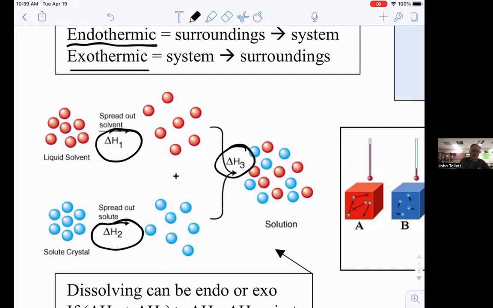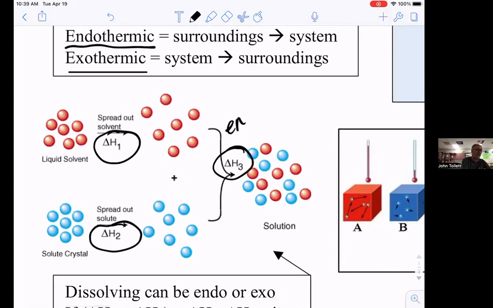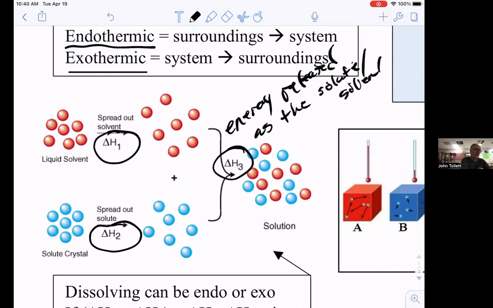And this heat of solution is generally the amount of energy that's released as they interact. So this is the energy that's released as the solution is formed, as the solute and solvent react with each other. As those two get together, they actually produce an energy of solution.